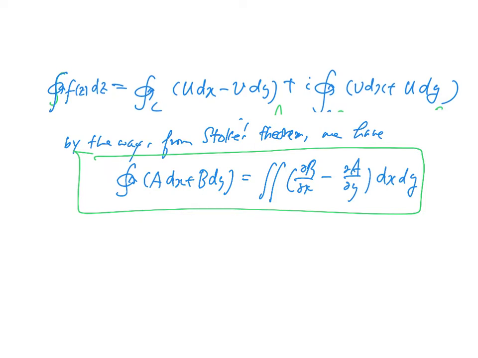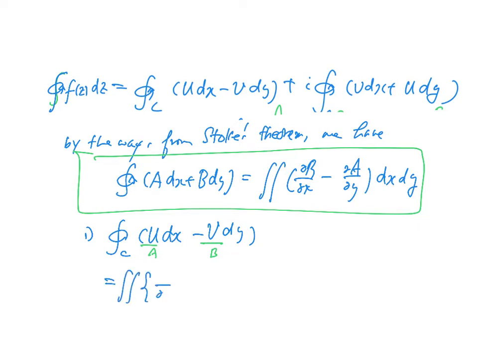So let's first see this one, u dx minus v dy. So this is your A, this is your B, right? So using Stokes theorem, this becomes partial x of minus v minus partial y of u.